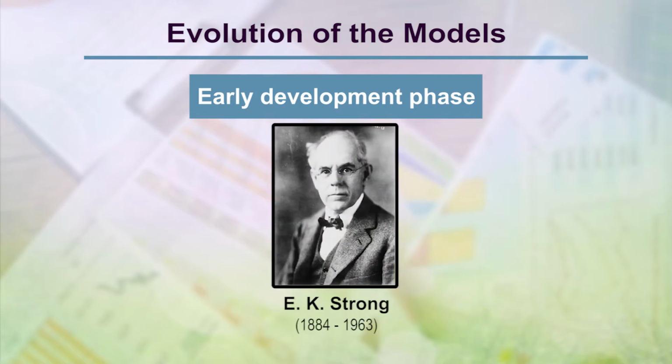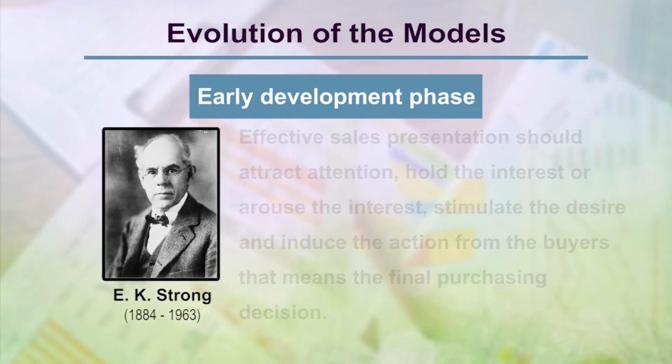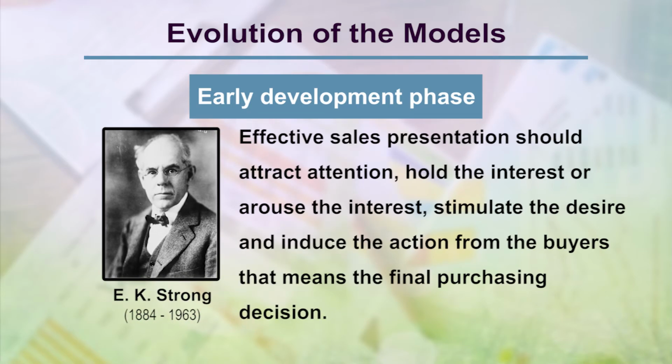E.K. Strong in the 1920s first evolved the AIDA model in advertising, which states that an effective sales presentation should attract attention, hold or arouse the interest, stimulate the desire, and induce the action from the buyers, that means the final purchasing decision.